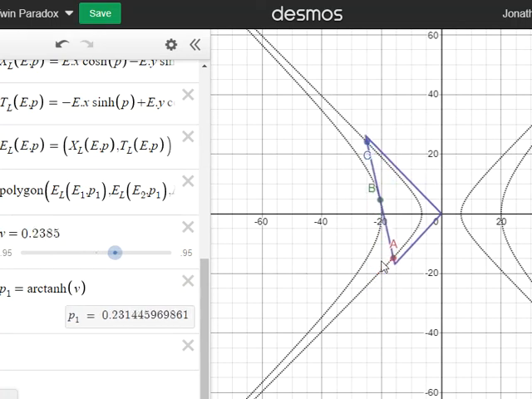Any event on that hyperbola can be seen as simultaneous with this point, or with this acceleration event, I mean.